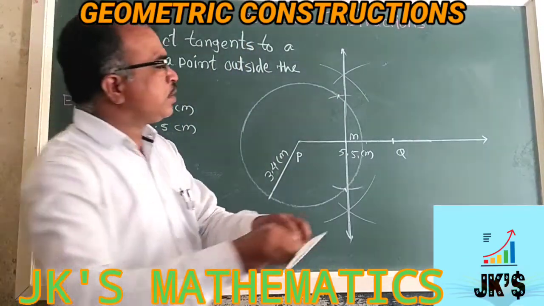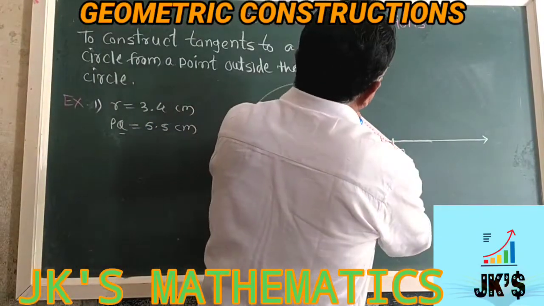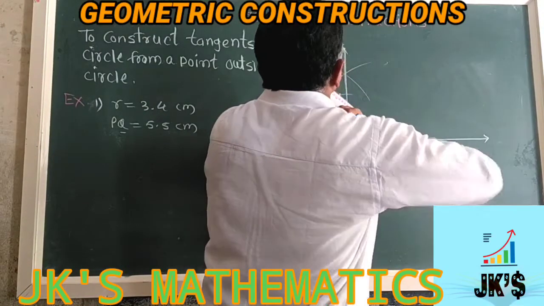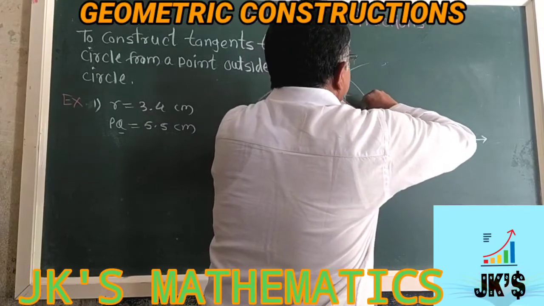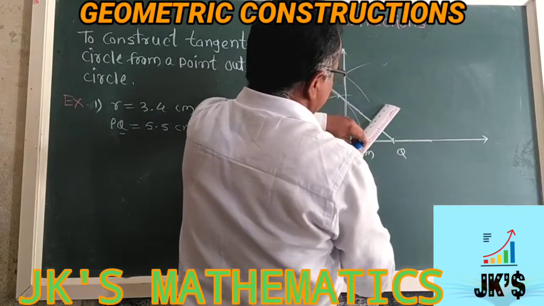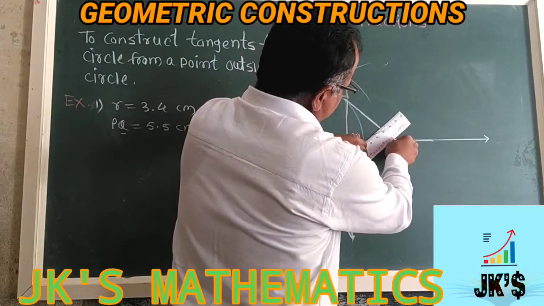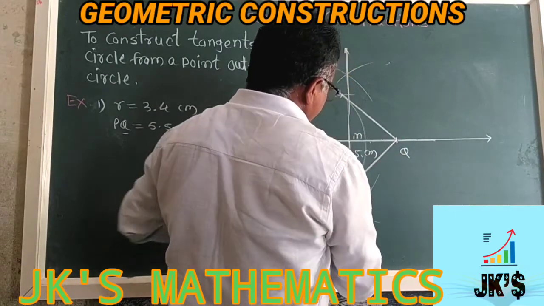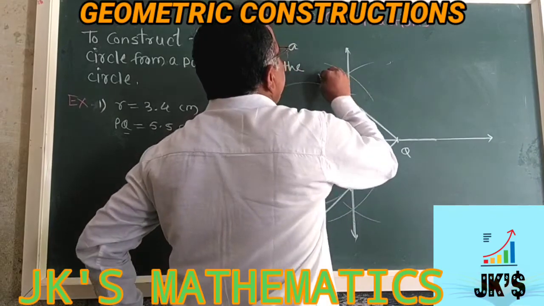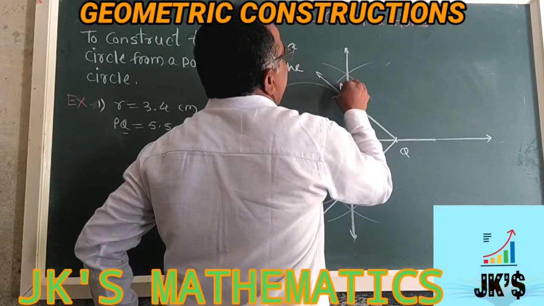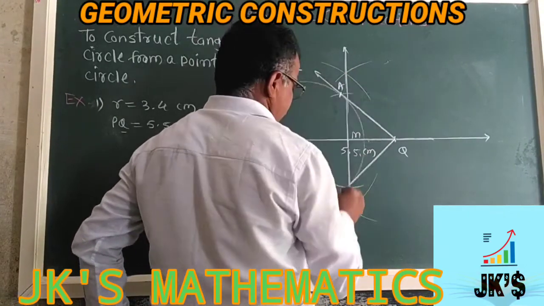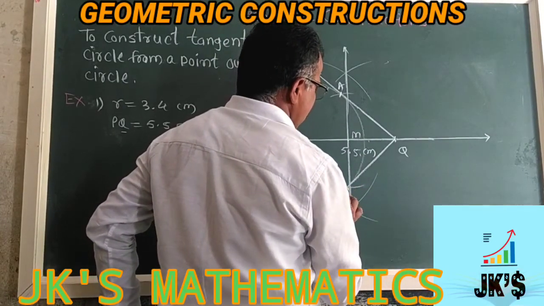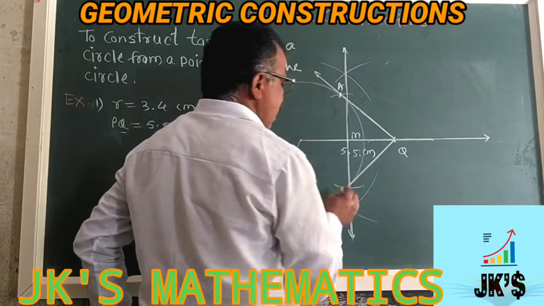Draw the tangents passing through these points and point Q. Suppose the tangents drawn from point Q are QA and QB. QA and QB are the tangents.